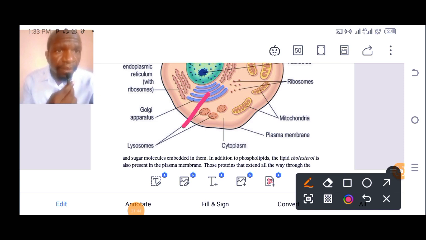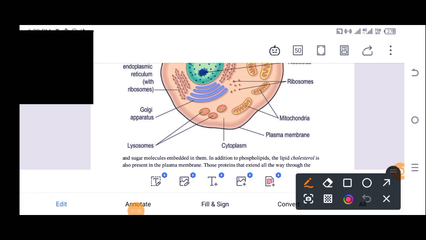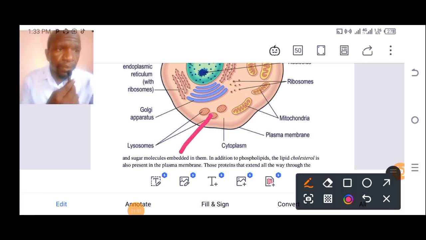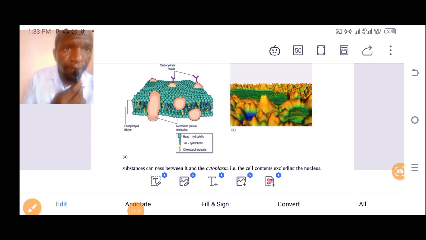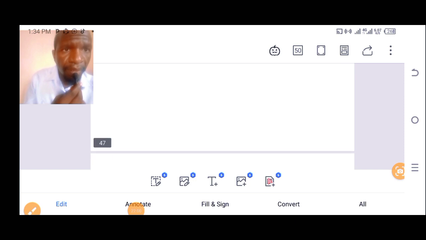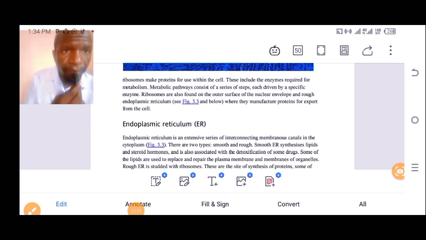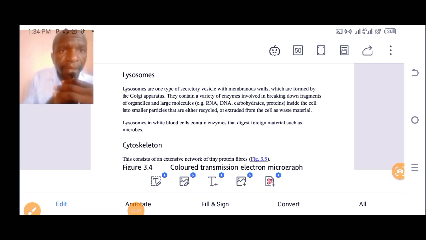Sorry, I highlighted the wrong one. These are the lysosomes. So let us look at the function of the lysosomes. The lysosomes are one type of secretory vesicles with membranous walls which are formed by the Golgi apparatus.